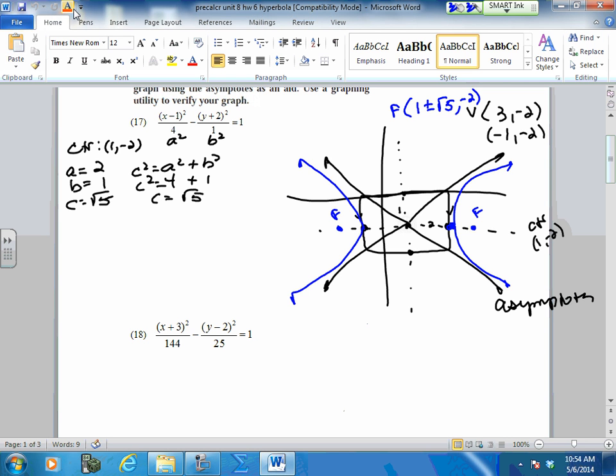Now, all I have to do is find the equations of my asymptotes. Now watch. Here's your equation again. Let's fill these pieces in. See your y plus 2? You don't want the square. You just want this to say y plus 2. See your x minus 1?